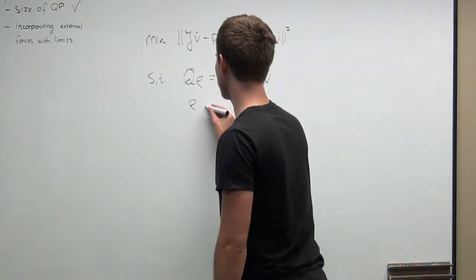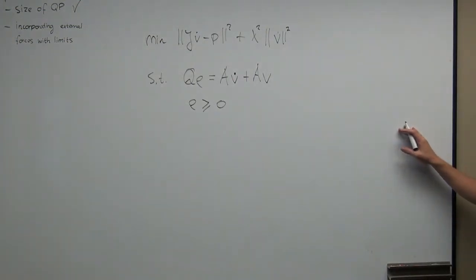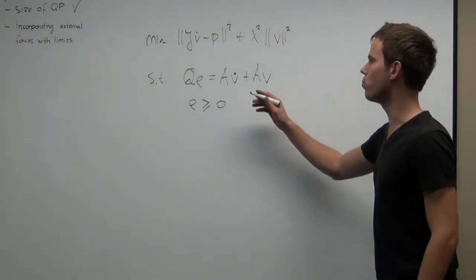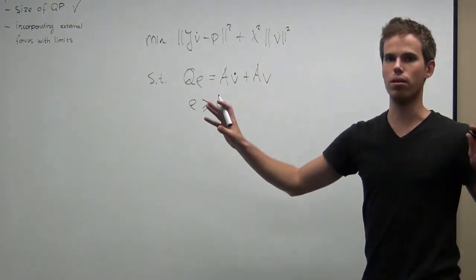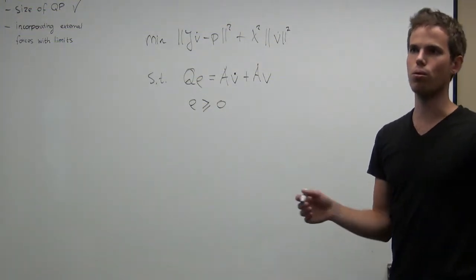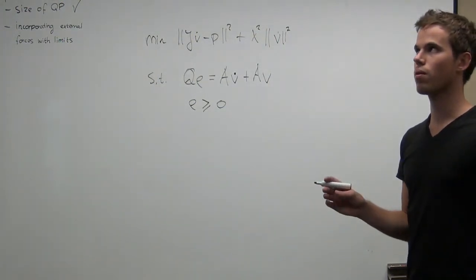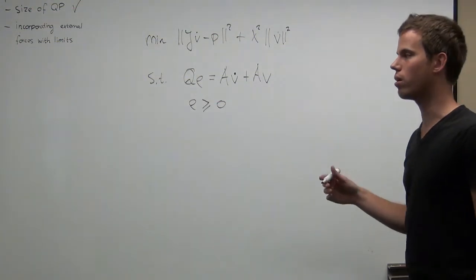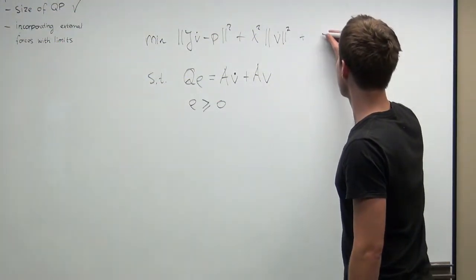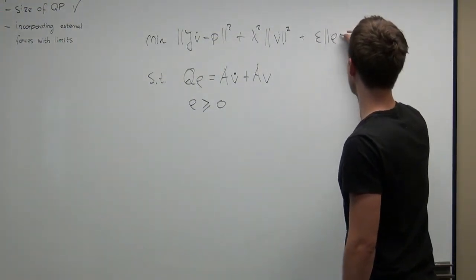And we add the inequality constraint, rho larger than or equal to 0. And then maybe what you want to do is also try to minimize the forces that you're exerting on the world. That might also minimize torques, sort of indirectly. So you could add a term like plus epsilon times rho squared.